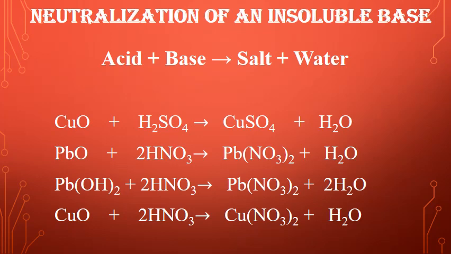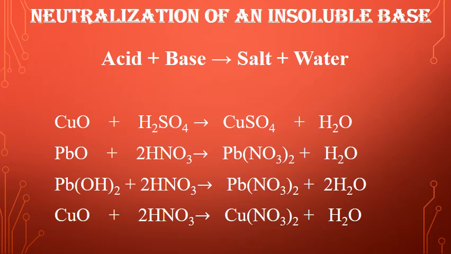This question comes very often in the board exams, or rather they tell you to prepare lead salts, and whenever you have to prepare lead salts, as there are no other ways out, you have to go via this method, especially an insoluble lead salt from another insoluble lead salt. If you are asked to prepare, this is one of the reactions which will always come there. PbO plus HNO3 gives Pb(NO3)2 plus H2O. Mark it as a very important reaction.